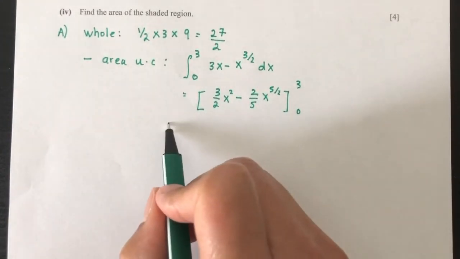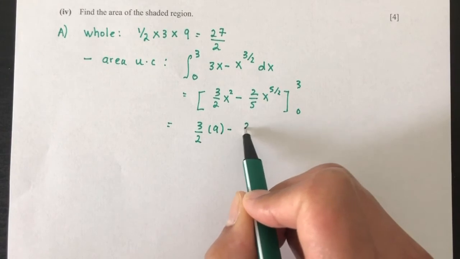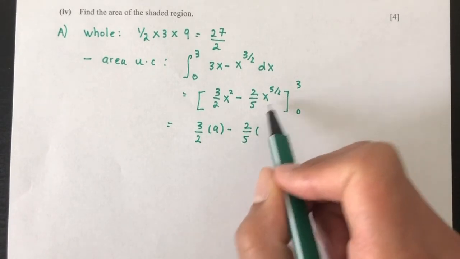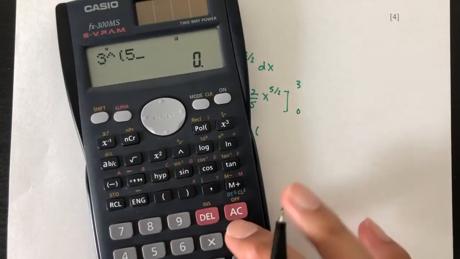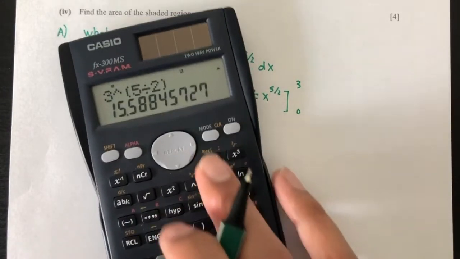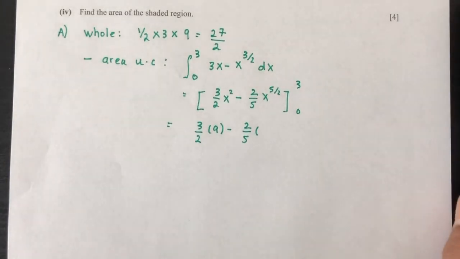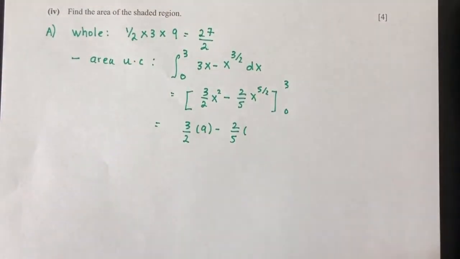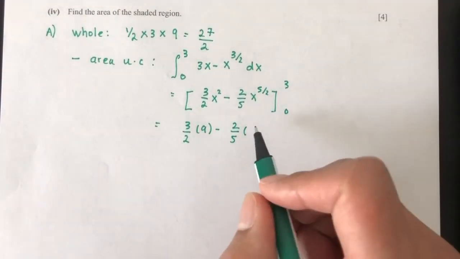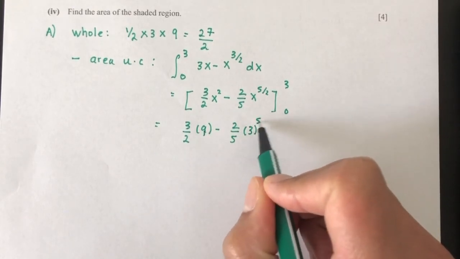So now let's solve. You will have 3 over 2 times 9 minus 2 over 5 times 3 to the power 5 over 2. I don't see that we can have any kind of fraction here. So let me see if we have any conditions. No, so your answer can also be in decimal places. It doesn't need to be exact.